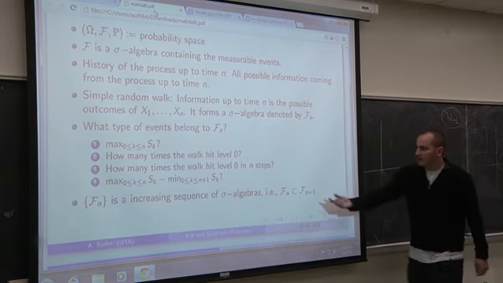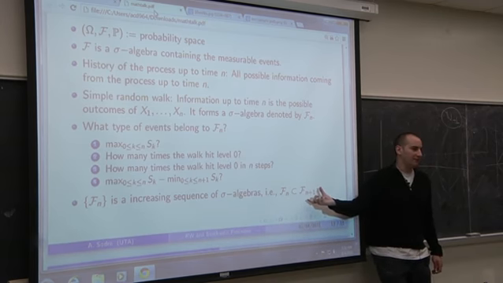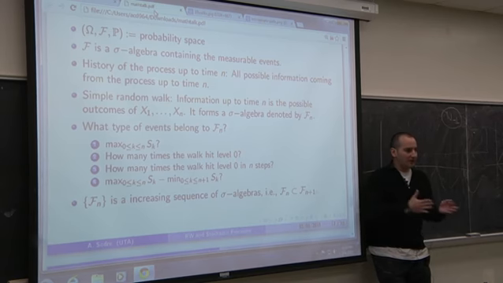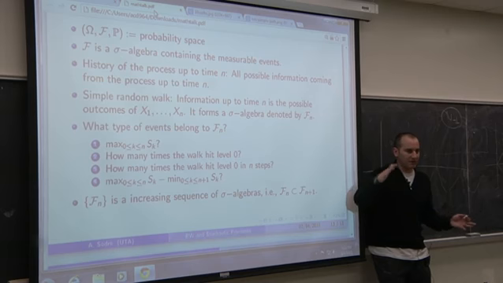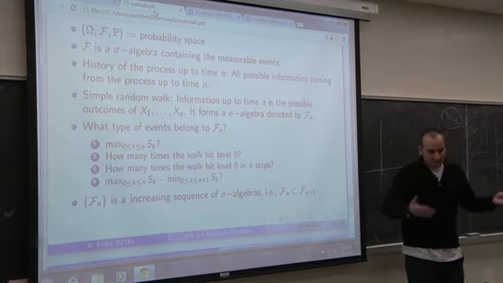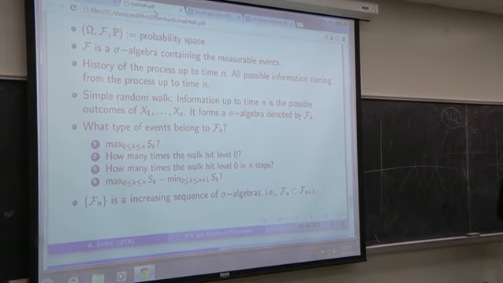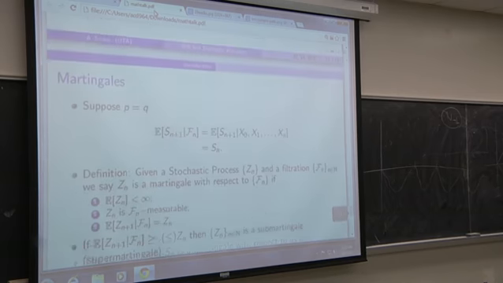And of course, as time passes, the more information I gather, so one sigma algebra is contained in the other. So a filtration, in that sense, that history, is an increasing sequence of sigma algebras, because the more I see of the walk, the more things I can tell about it.